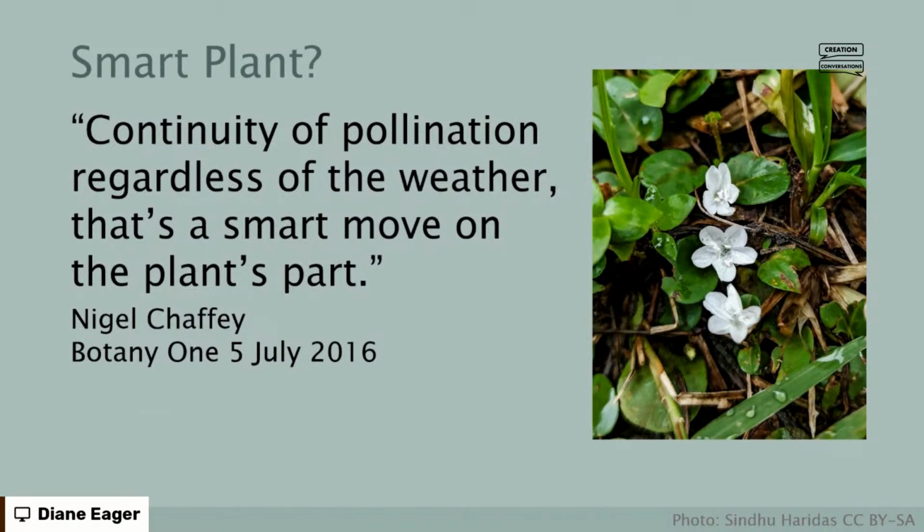Now, hang on, who's being smart here? Do you think the plant thought that up? Do you think the snail did? No, someone outside this whole system designed the plant, designed the snail, and it works.